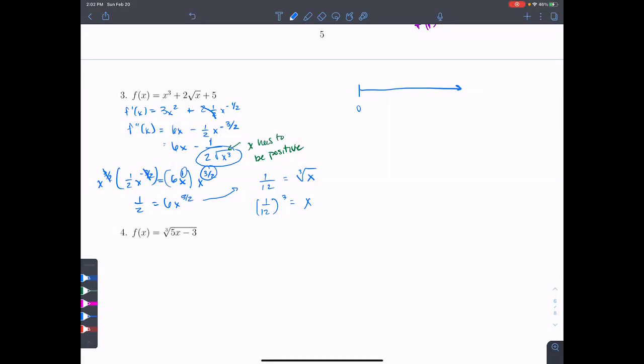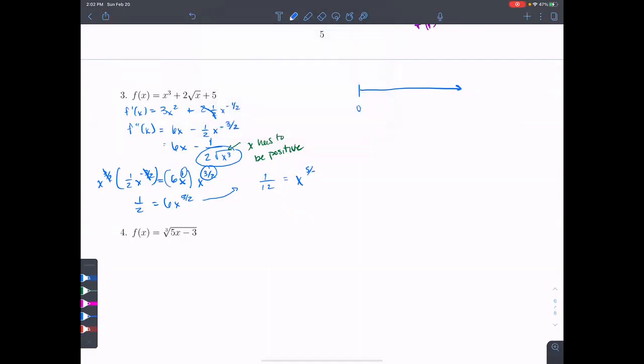So we have 6 equals the square root of x to the 5th. 1/12 equals x to the 5/2.